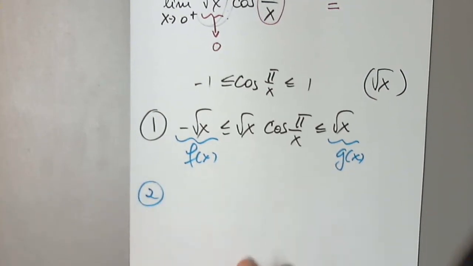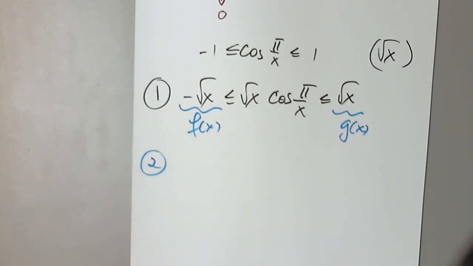And now in step number 2, what do we need to do? Excellent. We have to determine the limit of f of x and the limit of g of x.